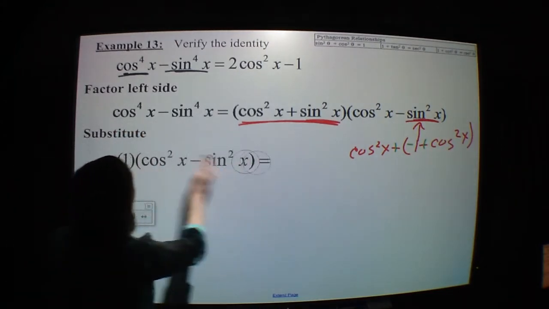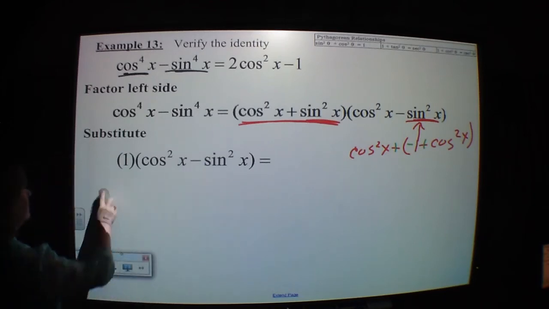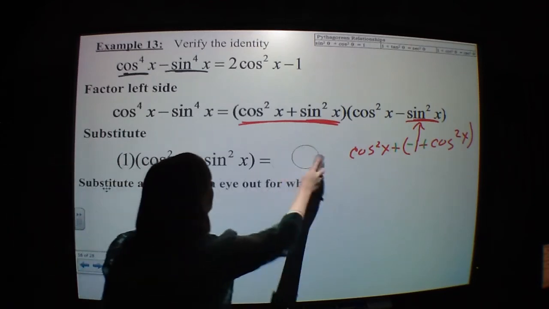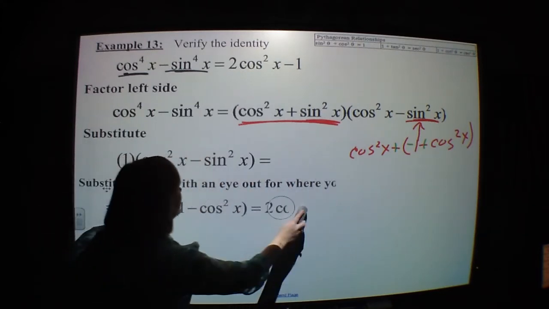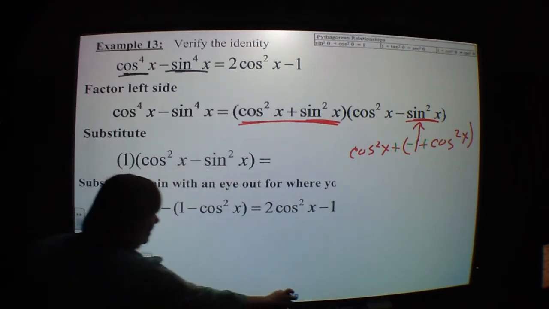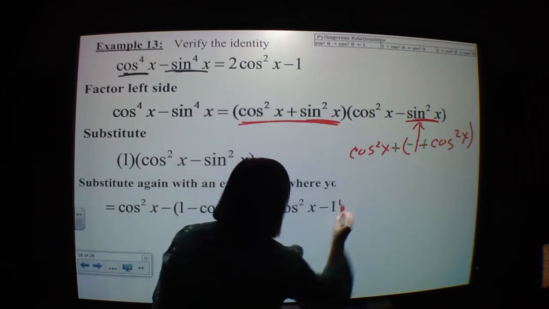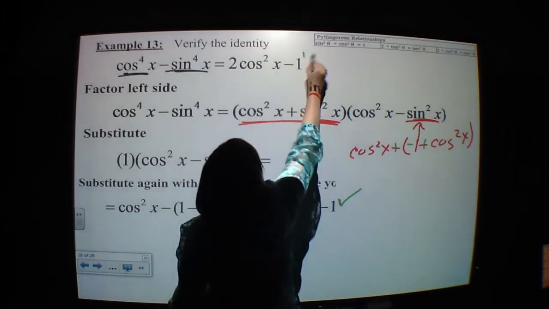When you do a substitution there, you substitute in, instead of sine squared, you put cosine squared in, and that's what I did. There. Distribute the negative, and you're there. There, and there.